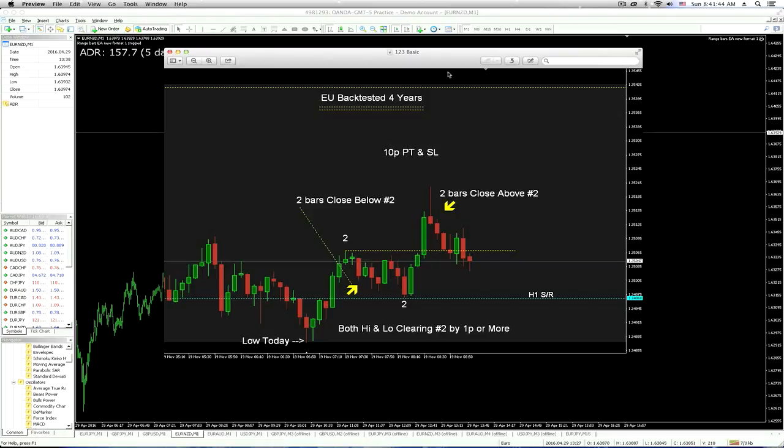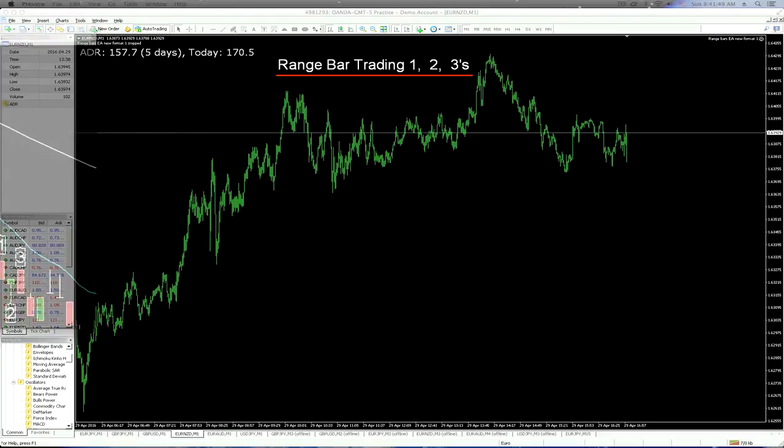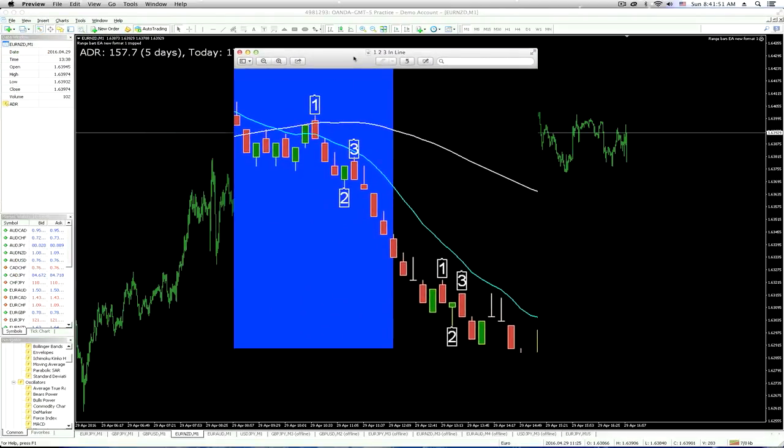At any rate, I have one more just to concrete this in your idea, and this is a little bit closer to what we'll be working with, because this is 1-2-3s that normally most people don't see, because they've got various rules they apply, like there must be X number of bars between the numbers and whatnot, and you can trade like that, and that's fine.